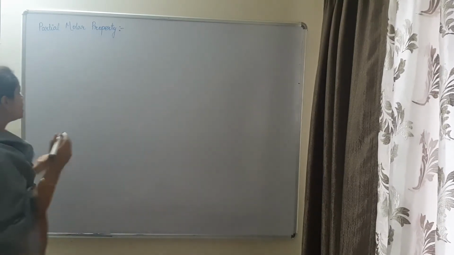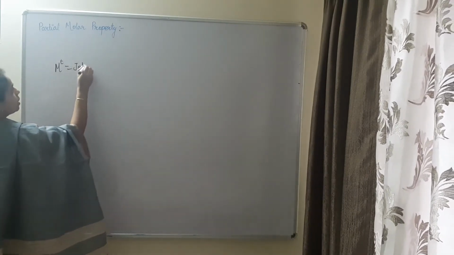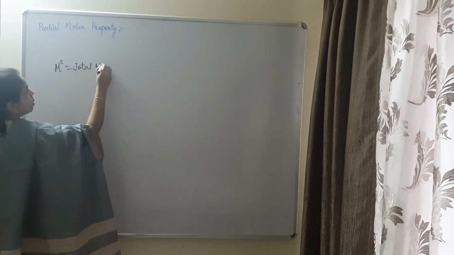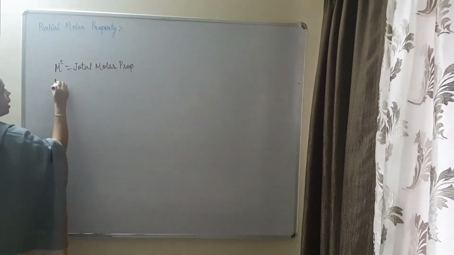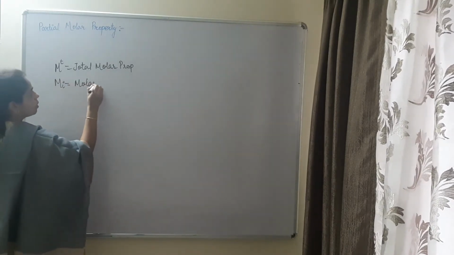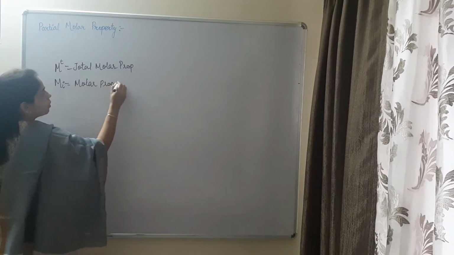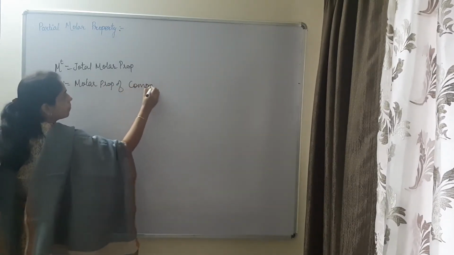So let's consider that Mt is the total molar property of the solution, and Mi is the molar property of component i or species i.